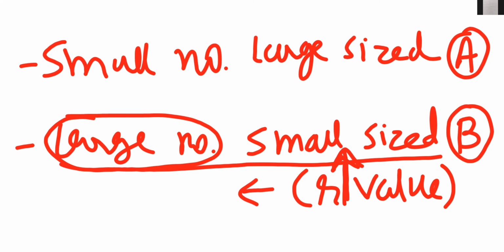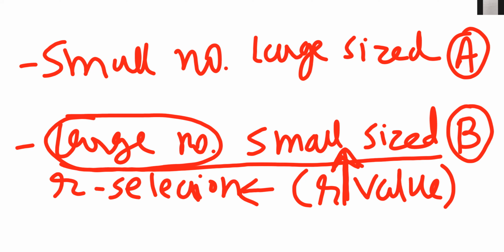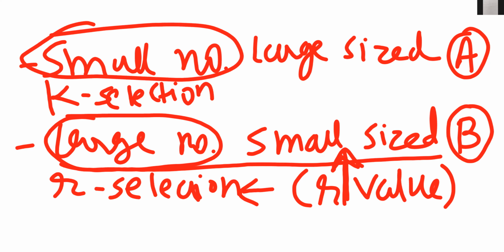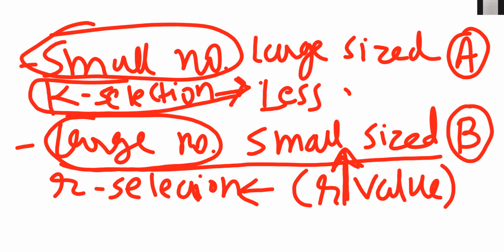Now next thing, one more. This one we call R selection. That is another term for it. In the same way, one more thing is there, small k selection. We call it K selection when the birth rate is low, meaning a less number of progeny are formed. If there are fewer progeny, we can consider it K selection, where there is low natality.